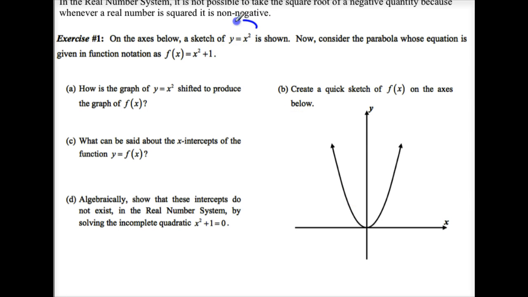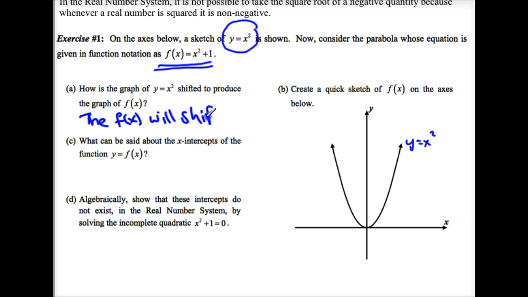How is this graph, which I have here, let's just label it y equals x squared, how is it different from the one that I just underlined? So the difference is that the new graph, the f of x, will shift 1 unit up because of this plus 1.